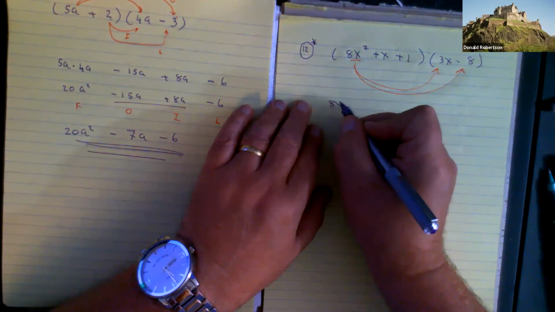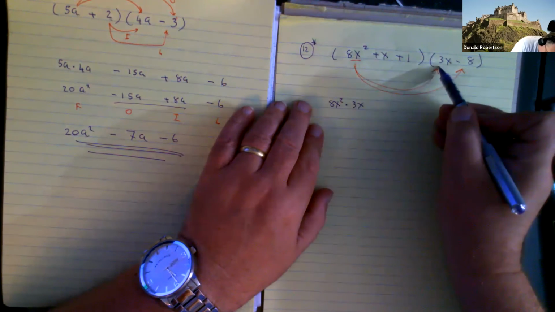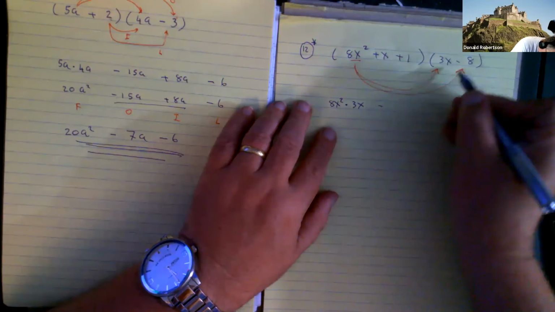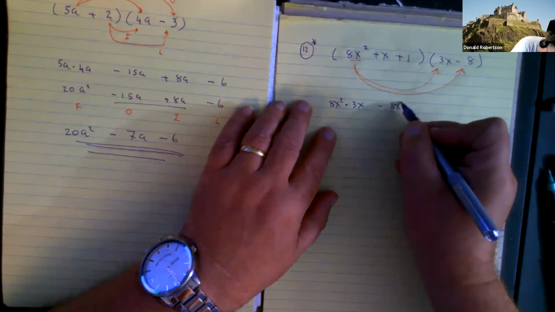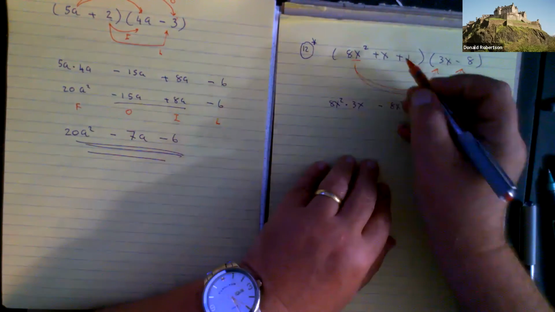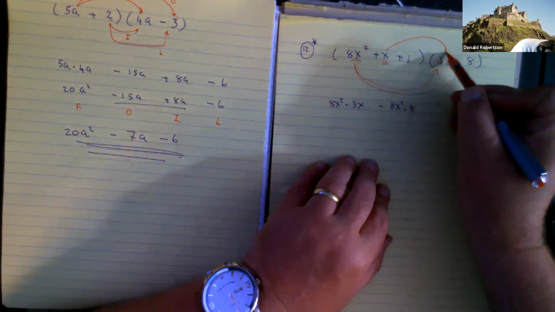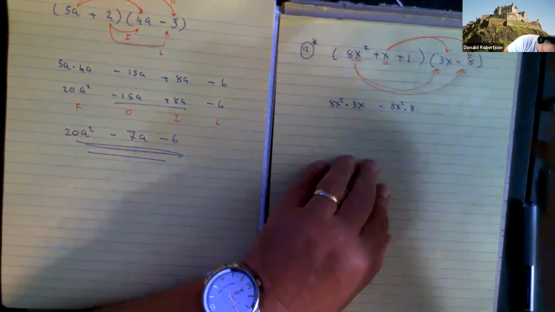So it's going to be ax squared times 3x. It's this one. And then it's going to go negative 8x squared times 8. Then I'm going to move to this guy, and he's going to multiply those two guys as well.